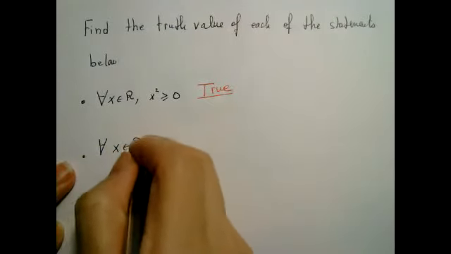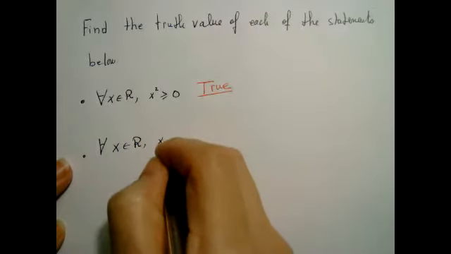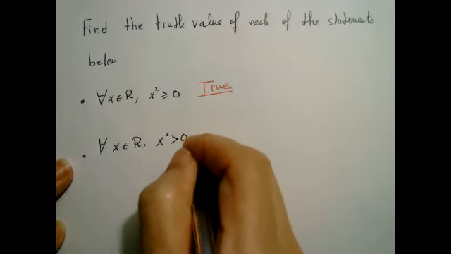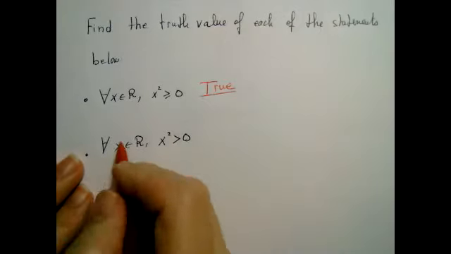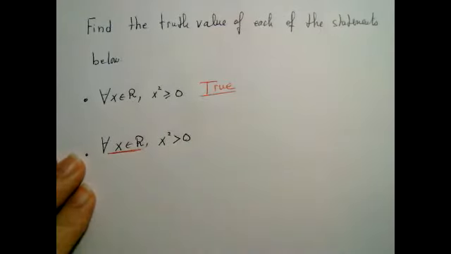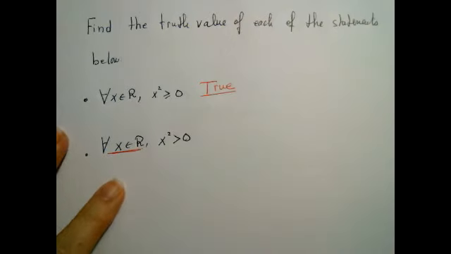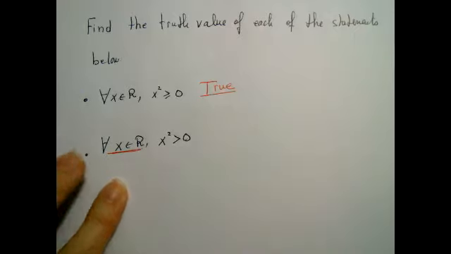However, the one that you had on your quiz, for all x in R, x squared strictly positive. Again, my domain are the real numbers. So now there is no more confusion. Is this true or false? Quickly, according to our definition.